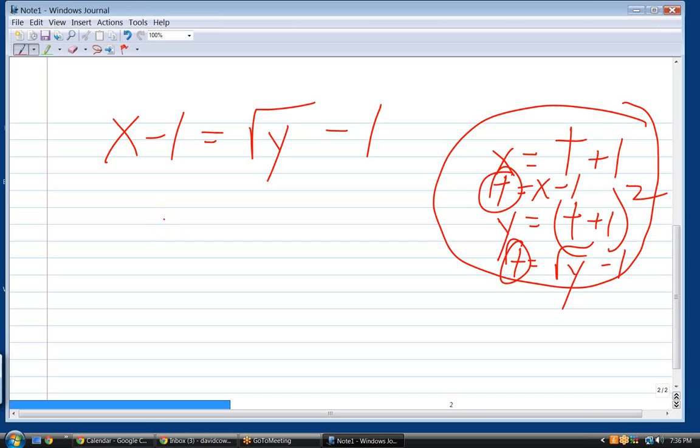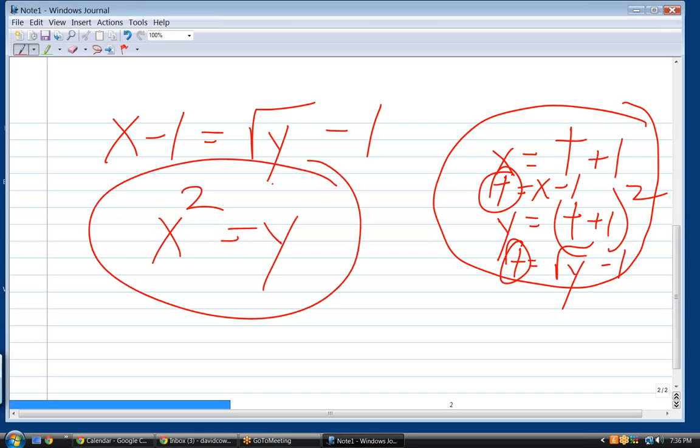Square both sides, the ones cancel, and I get x squared equals y. So I've taken and removed the parameter, and I've turned two parametric equations into a single xy equation. And that's typically what they want you to do with these kind of problems.